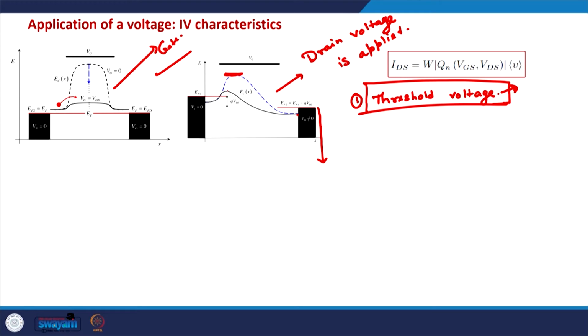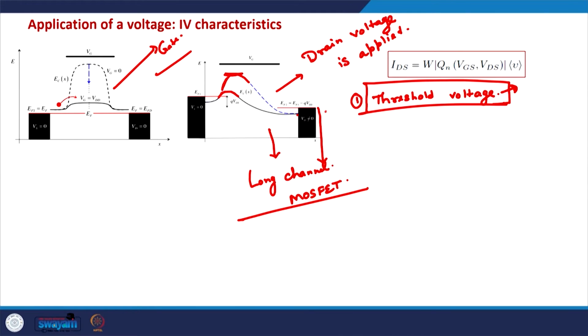And if we apply a gate voltage, so this is when the gate voltage is 0, this is when the gate voltage is positive. So this is the case in long channel MOSFETs. So in long channel MOSFETs, the application of drain voltage does not change the barrier height in the channel.